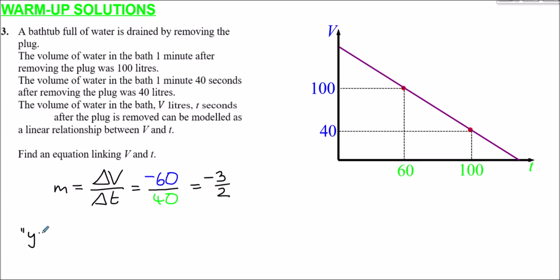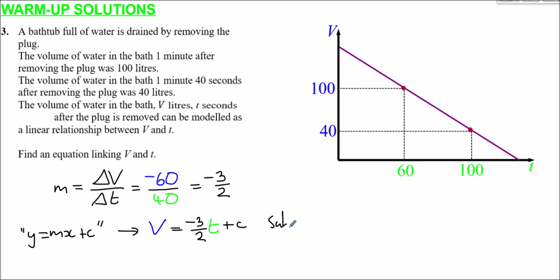We can now use the idea of y equals mx plus c. Any straight line can be expressed as y equals mx plus c. So in our case, our y is v. Our gradient, we've worked out, is minus 3 over 2. The x is actually t in our case. Then the c we can work out where it crosses this v-axis. All we need to do is just substitute in a point we know. So we can choose either this point or that point, it's up to you.